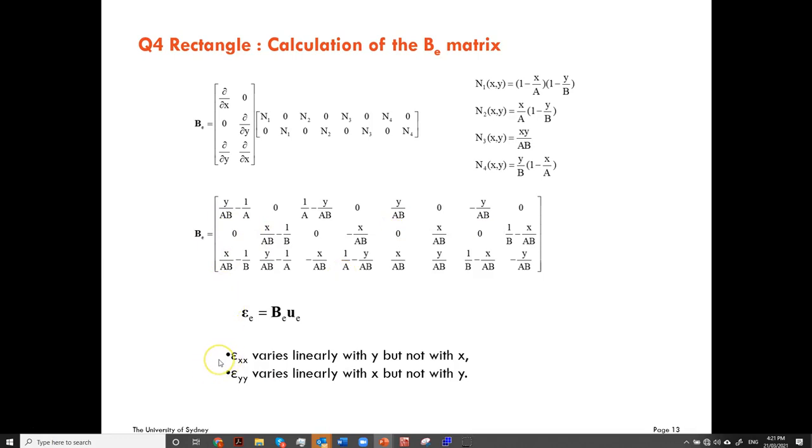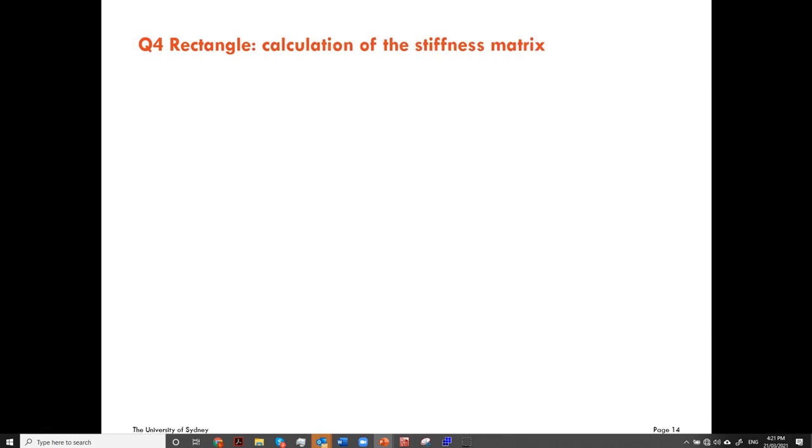So in this new element, the rectangular element, you are going to see that the strains and then the stresses are going to change inside of the element, a property that the T3 element didn't have. The stiffness matrix needs to be calculated like this.